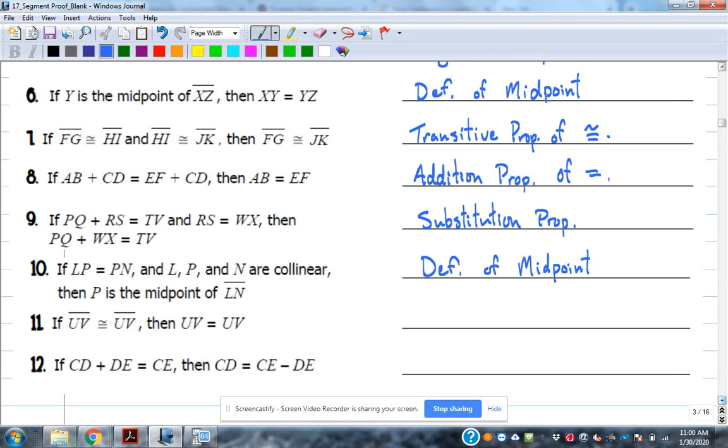So when you look at 11, the hypothesis has the objects, and then the conclusion has the measurements. Definition of congruence on this one, because those are not the same things. It looks like reflexive, but it's not, because this is objects, and the conclusion is measurements. So this would be definition of congruence.